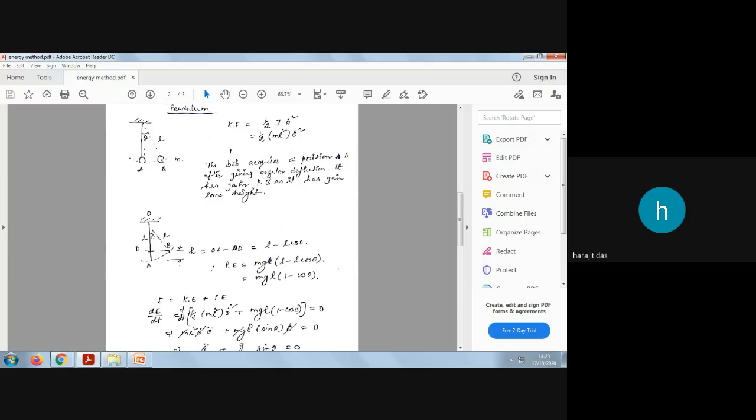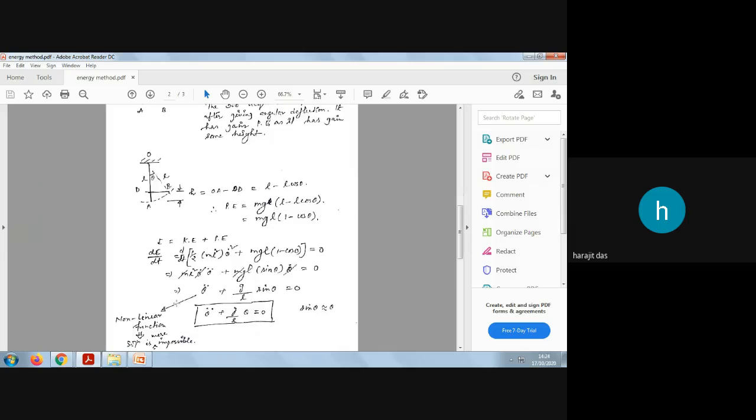So we will not consider those small energies. The total summation of these two energy values will be constant. So we will differentiate that constant term, which equals 0, with respect to t. When you add these two energies, total energy E will be equal to kinetic energy plus potential energy.